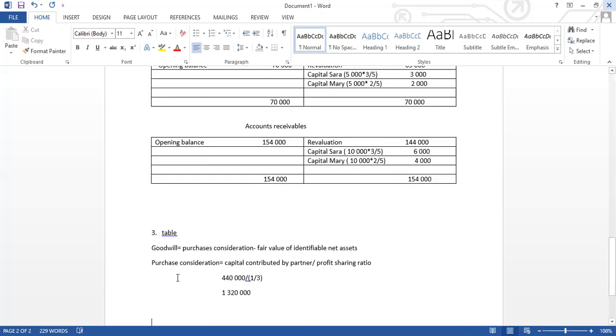And now after you get your purchase consideration, you also need to find your fair value of identifiable net assets. Fair value meaning the new value of your assets that you have after your revaluation. So that is the amount that you use. So in this case, we are now calculating our fair value of identifiable assets.